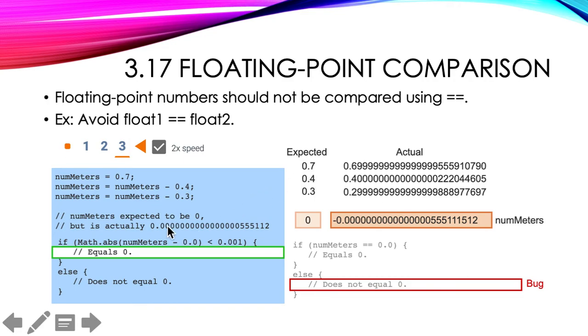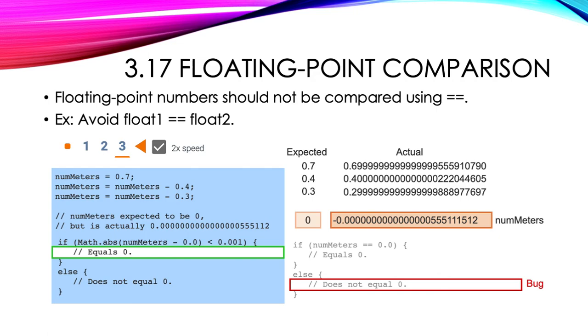For example, in this exercise, they are required to compare, and you notice that when they try to compare the two numbers, it's actually not 0. It's more than that, so it does not equal 0. There's a bug there, and that's because it's 64-bit.